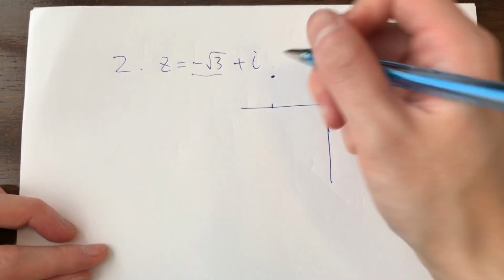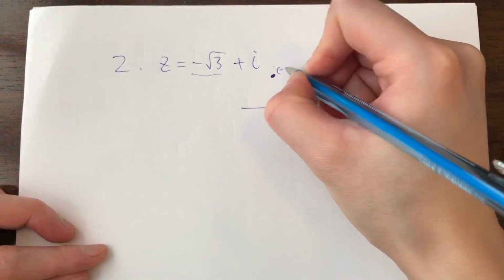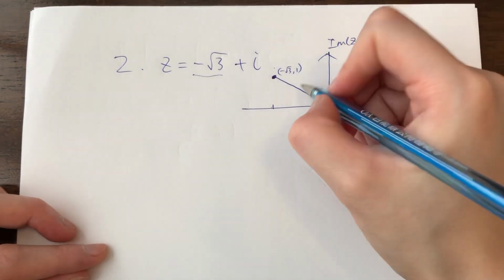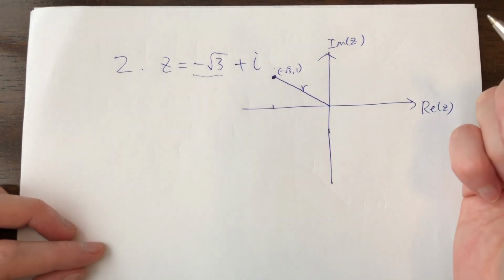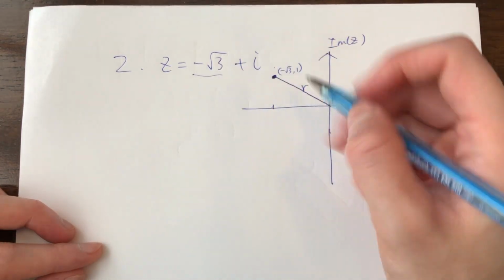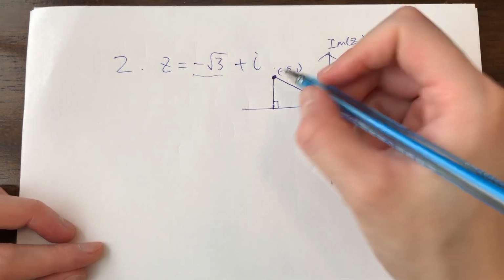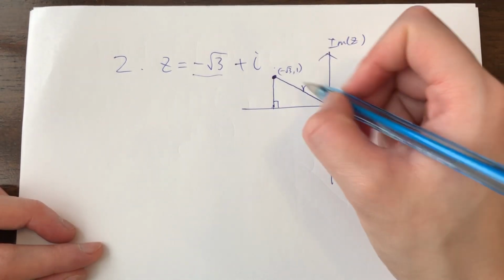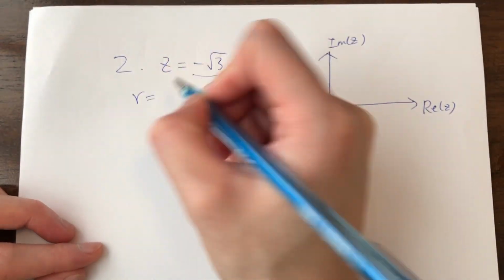So probably here. That's our point. Then connecting with the origin, you can use the formula, or you can just use a special right triangle to calculate this length.